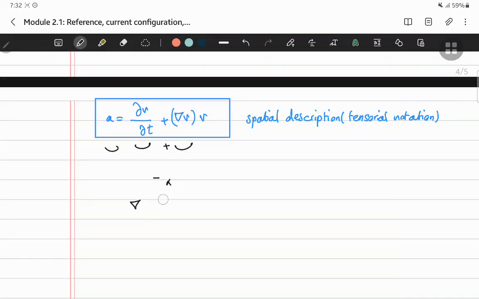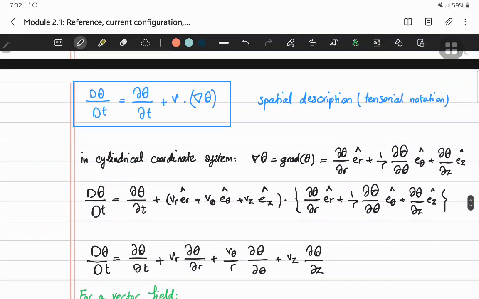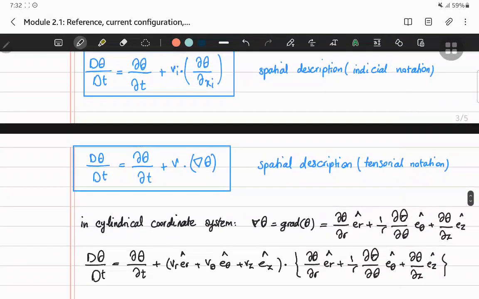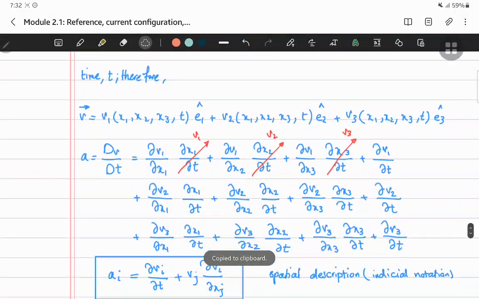All right, so just to recap, if you look at this equation here, let me just copy and paste this in here.